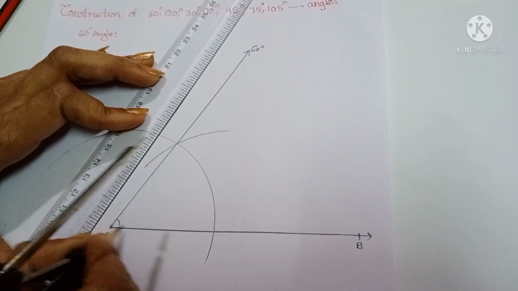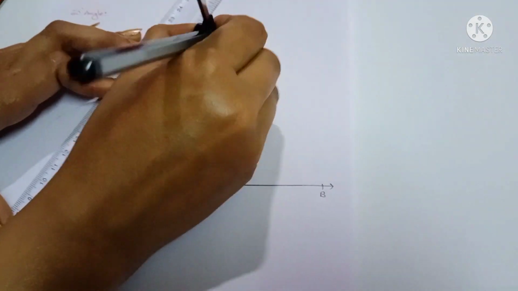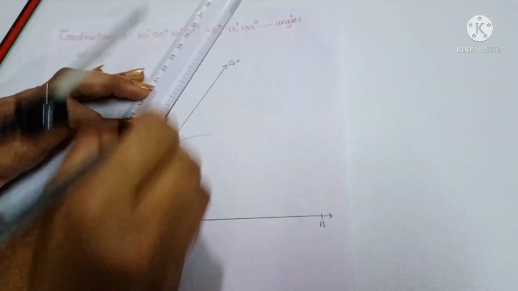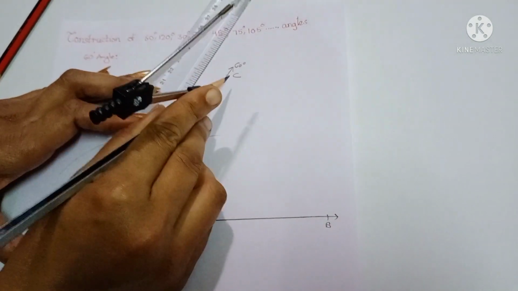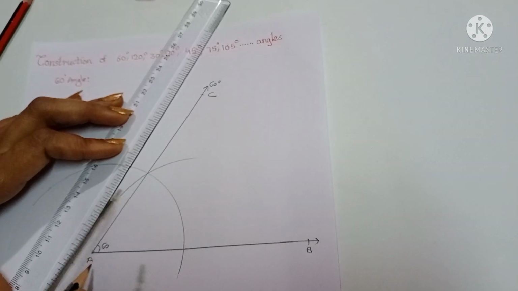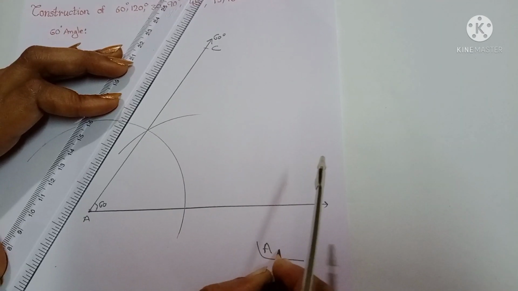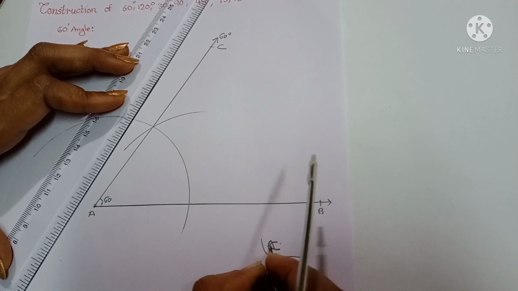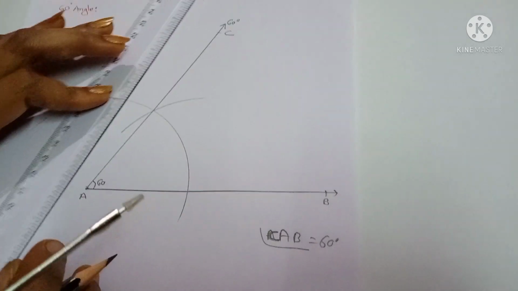This is angle 60 degrees. A, B, C. Angle CAB is equal to 60 degrees.